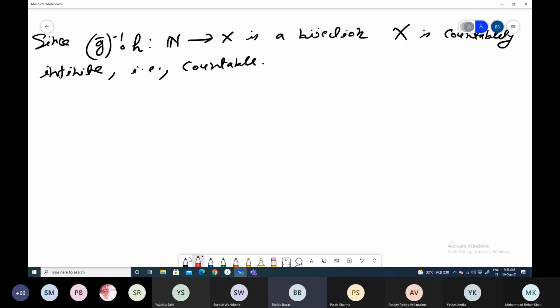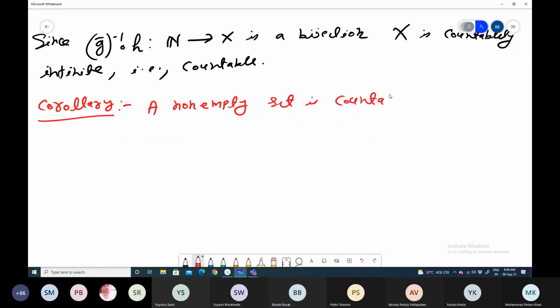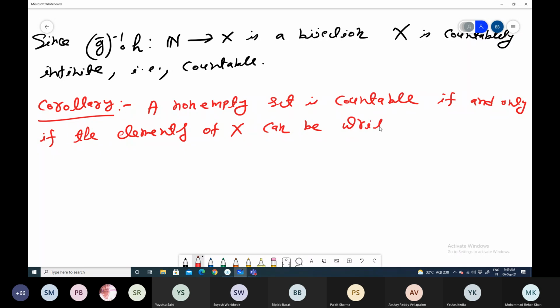And this is equivalent to saying this corollary: a non-empty set X is countable if and only if the elements of X can be written as an infinite sequence.